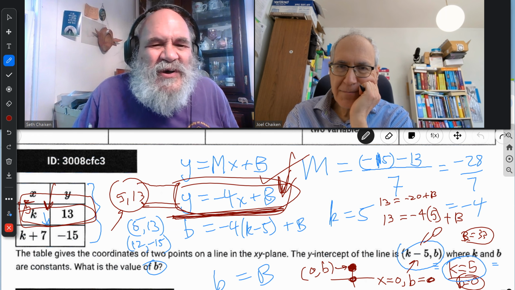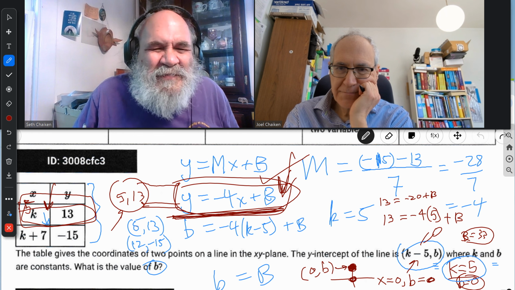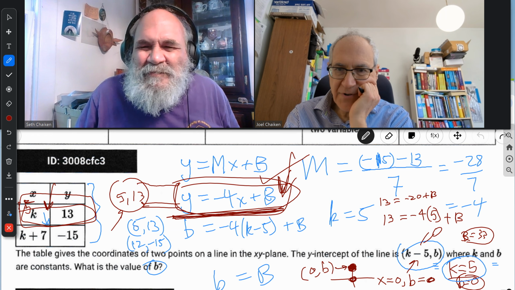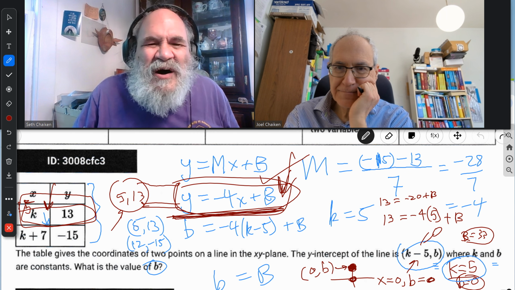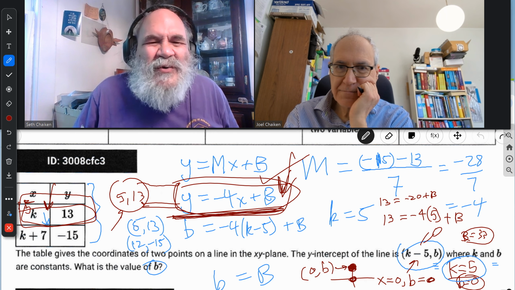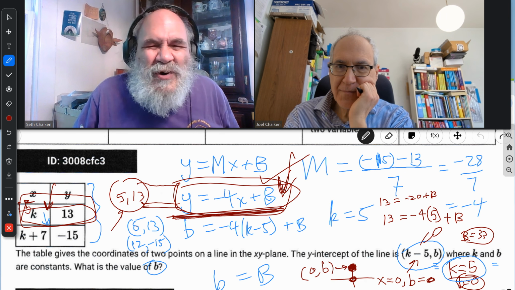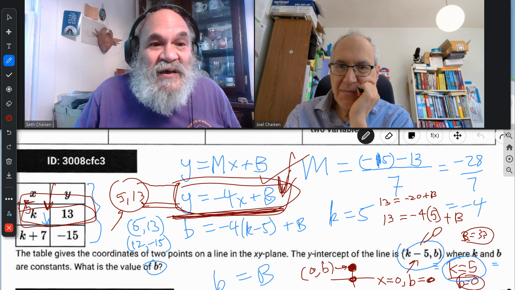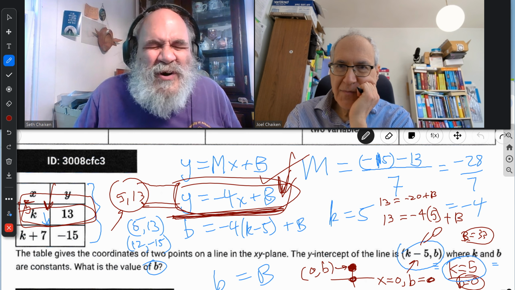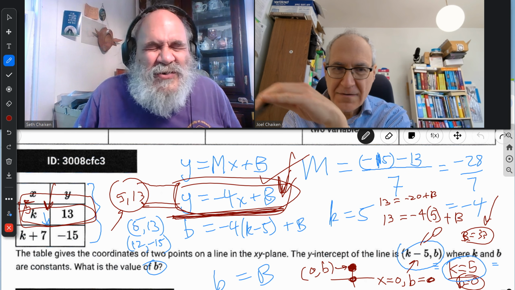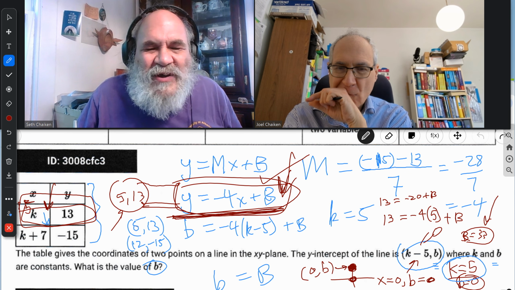We want to find the y coordinate of the y-intercept. In other words, in the equation, we want to find out what b is. And so we just plug in one of the points that we know, and that will tell us what b is. Where'd you do that?